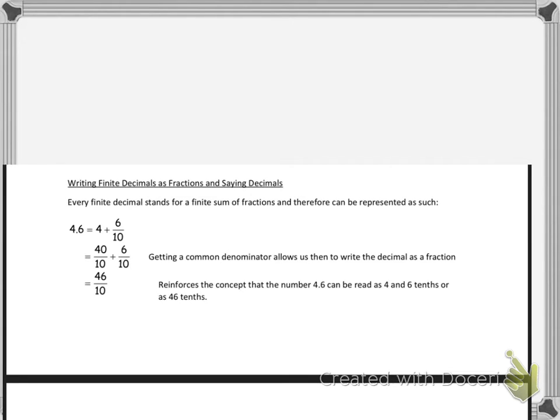So having them convert from decimals to fractions is awesome, because a lot of times as they get older, they want to keep everything as fractions, and they don't even really view a number like, say if you had, instead of 4.6, you had 4.666, which might be written as 4.6 with bar notation.